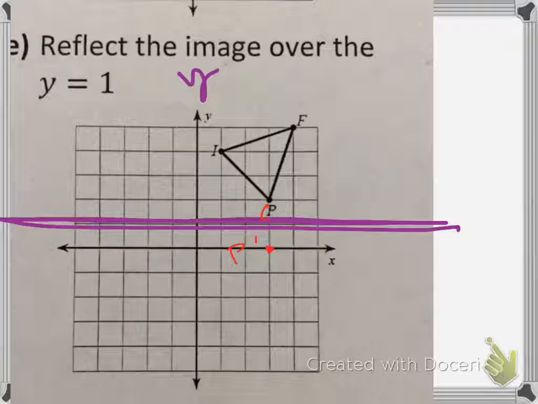This is my new F prime. And then I is 1, 2, 3 away, so I'm 1, 2, 3 away. So here's my new I prime. My new shape is down over here like this, reflected over, not the y-axis, the line y equals 1 this time.